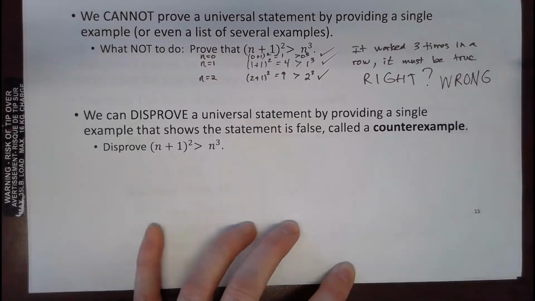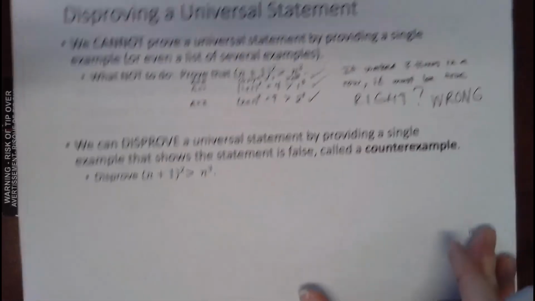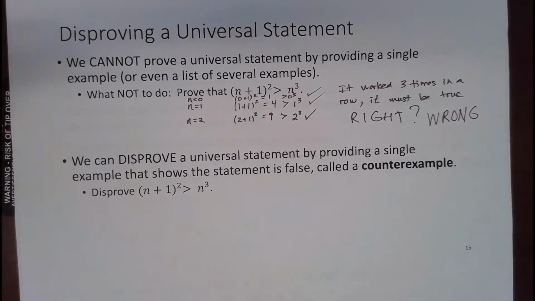It's not. Just because I got it to work 3 times doesn't mean it's going to work the next time. If I want to disprove a universal statement, remember a universal statement says that this is always true, no matter what value of n I choose.